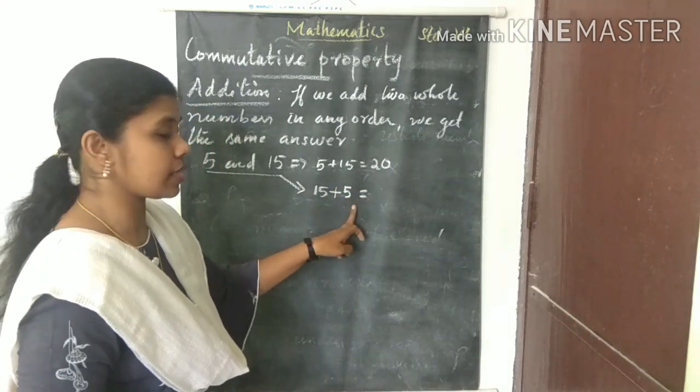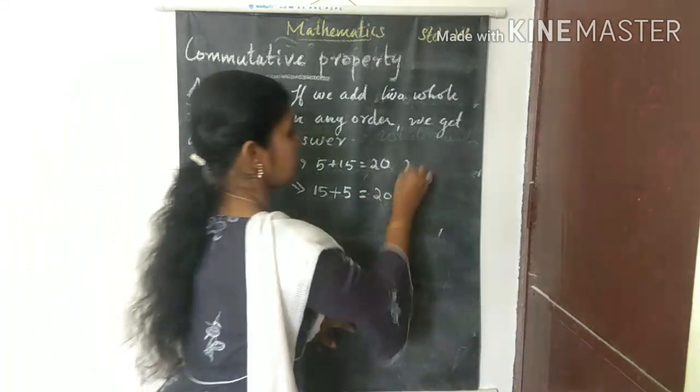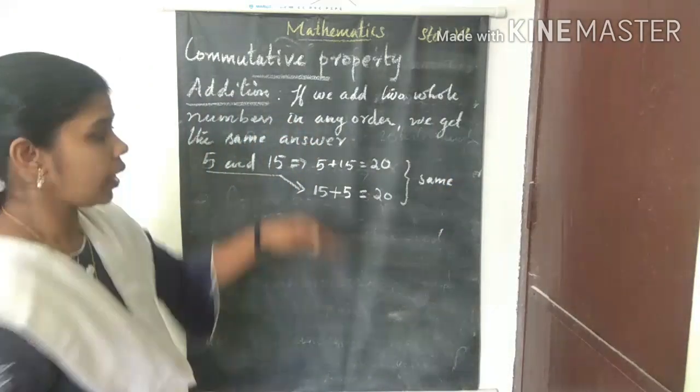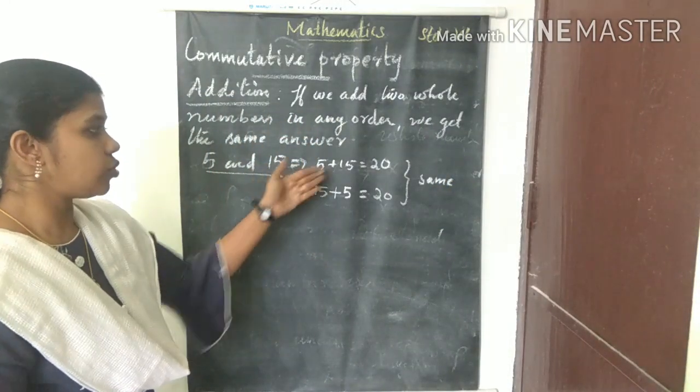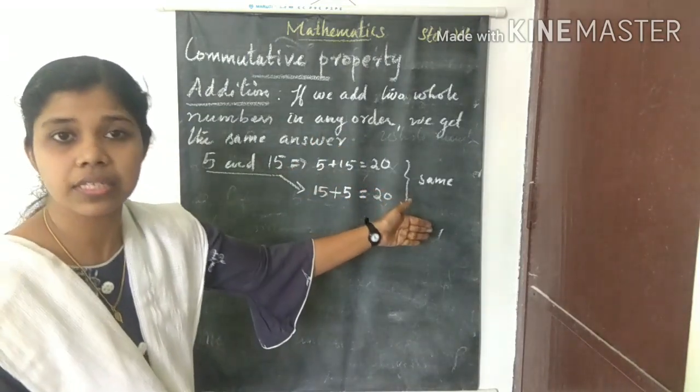So what is the answer? That time the answer is always the same. When we add two whole numbers in any order, the answer is the same.